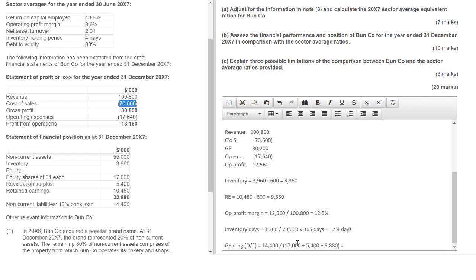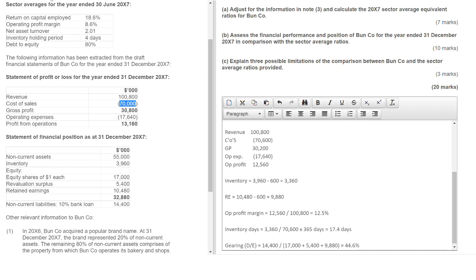Okay. Tap that on your calculator. So 17,000 plus 5,400 plus 9,880. Does that give you 44.6%?